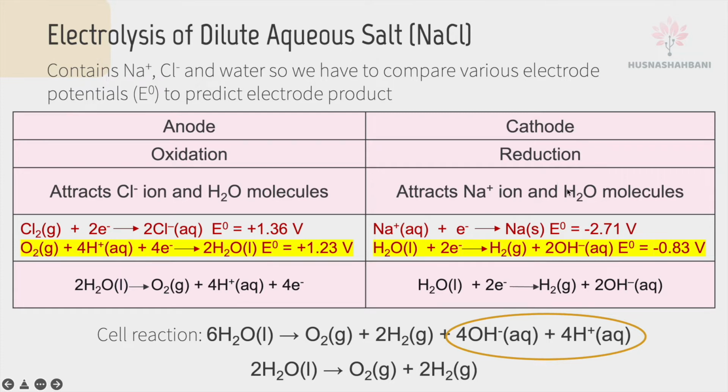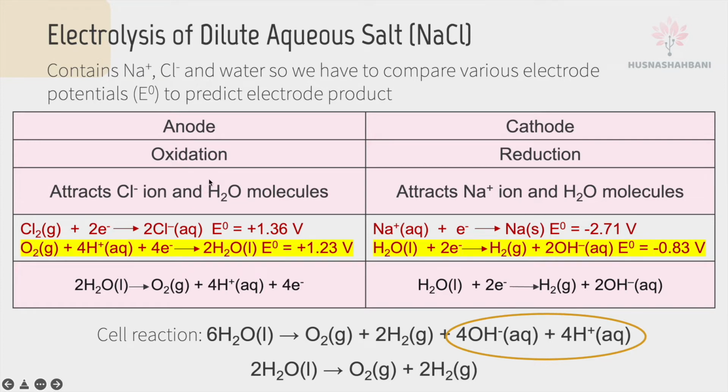And then the H2O molecule, if reduced, will gain electrons, producing hydrogen gas and OH-. So you have to choose which one will be attracted to the anode and which to the cathode, because we have two at each. You cannot attract both, only one.